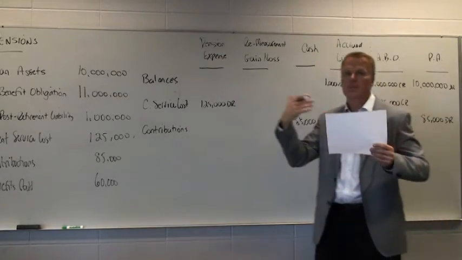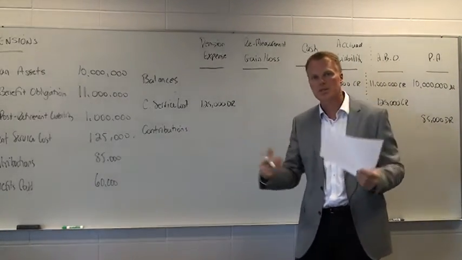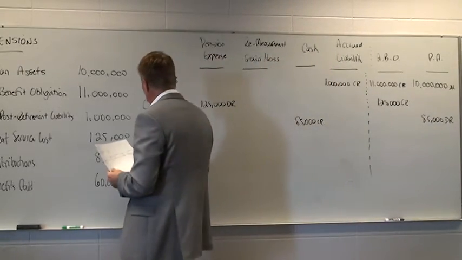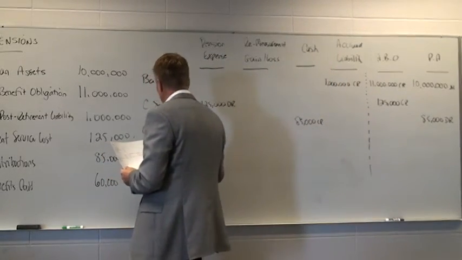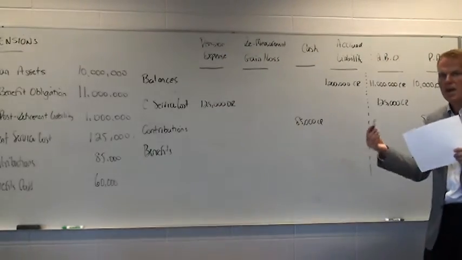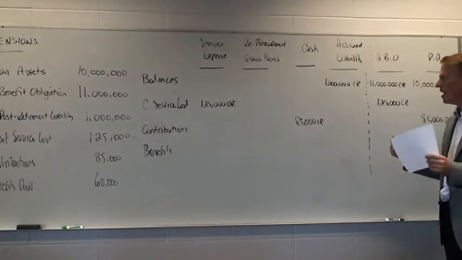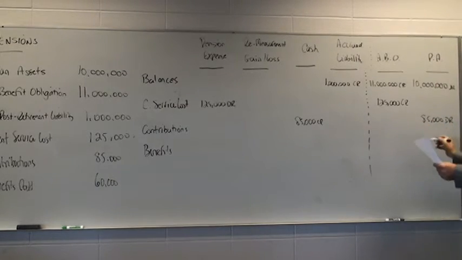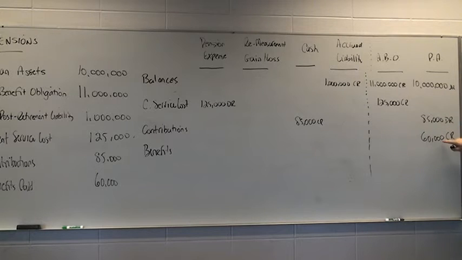Now, people have retired. People are receiving benefits. So another line item here is benefits paid out. And again, the trustee would be the one paying these to the people who have retired. So $60,000 would be paid out. Now that's a credit.